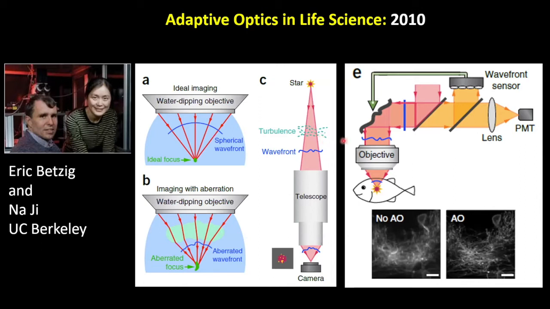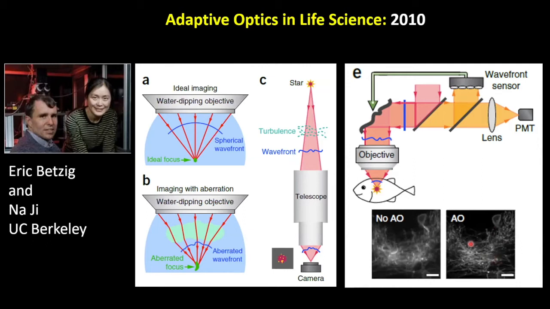By using, for example, a deformable mirror, or using a wavefront sensor to correct for this, you can get a much sharper image, especially inside animals or in thick tissues. This is without adaptive optics, and this is with adaptive optics. You can see it's a much sharper image.